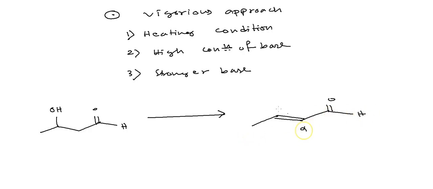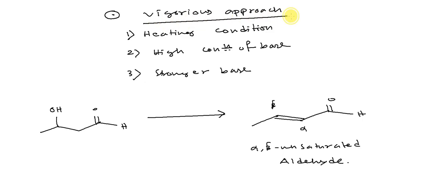You can see this is alpha and this is beta and there is a double bond, so it is an alpha beta unsaturated aldehyde. But this will only happen if I am using this vigorous approach, that means heating or high concentration of base, etc. So let's see how this conversion is happening mechanistically.